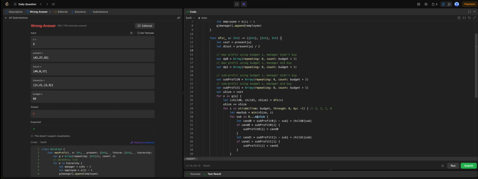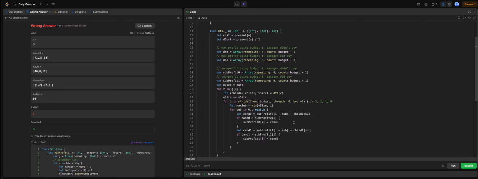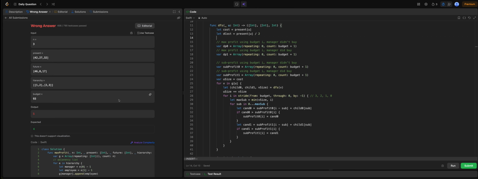So okay, here we go, sub profits of 0, i minus sub plus child of 0, and if a candidate is in here, and now we check if sub profits of 0 index is greater than, I'm going to update the sub profits of 0 with the candidate 0. The same for candidate 1. I have one doubt about that, but okay, let's move on. So I think that's pretty much fine.